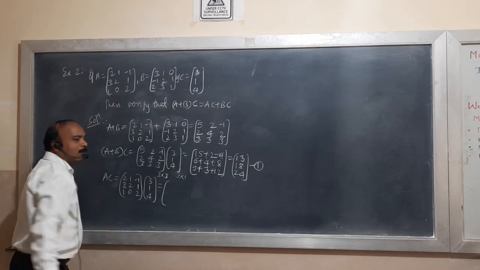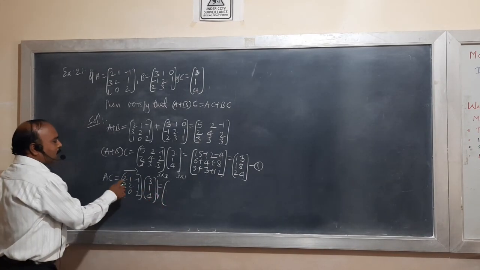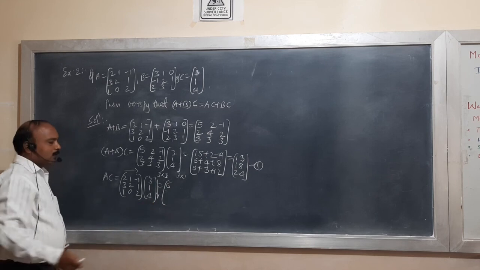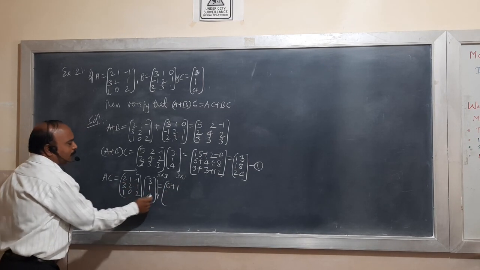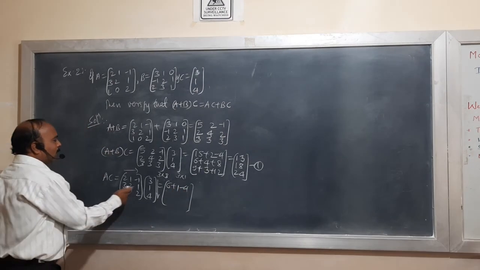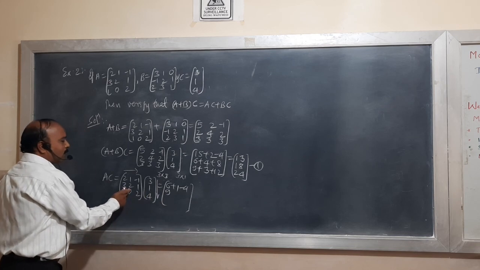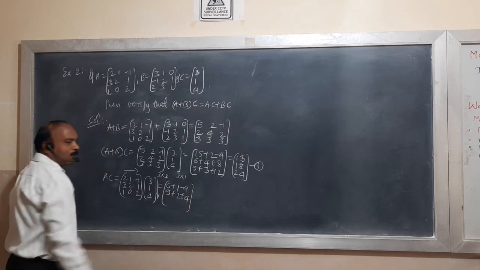Again we start multiplication, row with column. That's 2 into 3 is 6, plus 1 into 1 is 1, plus 1 into minus 4 is minus 4. Next 3 into 3 is 9, plus 2 into 1 is 2, plus 1 into 4 is 4.